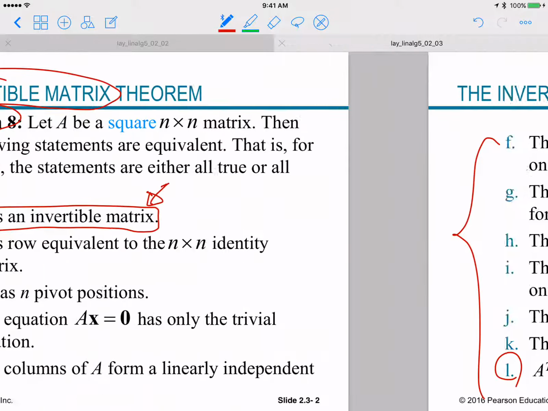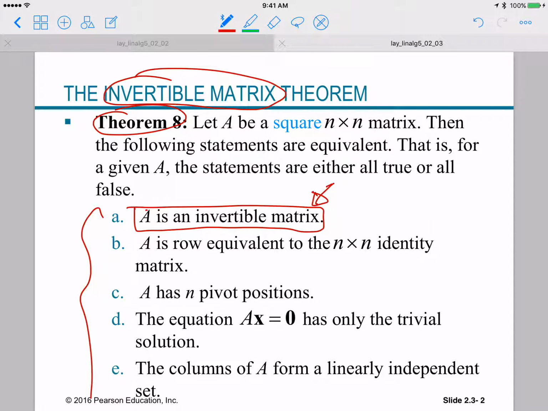But here, there is only one constraint or one starting point, even before talking about all the lists, and that is the simple fact of this square matrix. So we only discuss the square matrix.